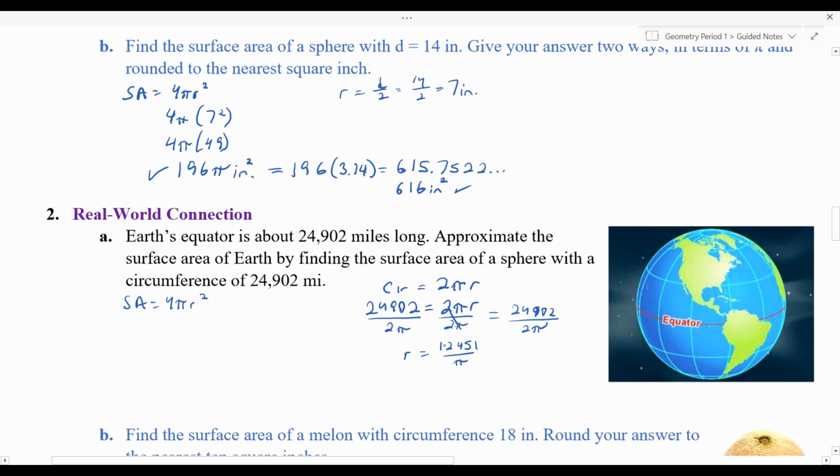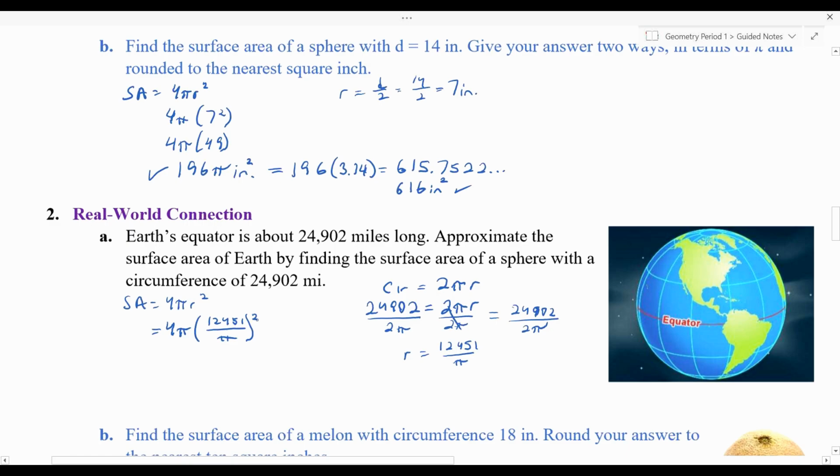So if you start getting approximations here, and since I have pi over here and pi on the other side, I don't want to get my answer too far off. So let's get this here. So we have 4 pi, and the new r is 12,451 divided by pi, and that's going to be quantity squared.